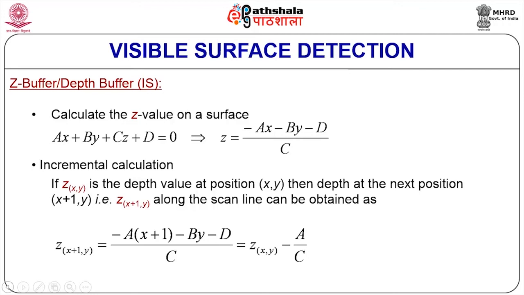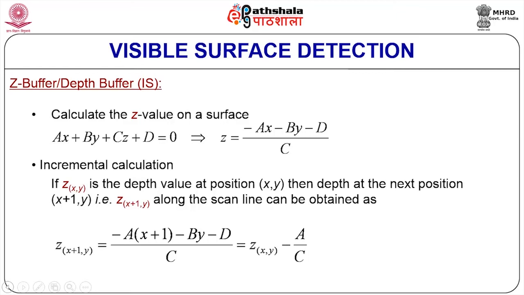Instead you can use coherence, that is, similarity. For the next x position on the view plane for the same polygonal face, you can easily compute by replacing x with x plus 1, comma y.